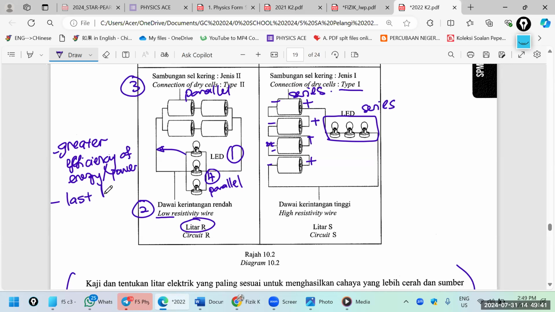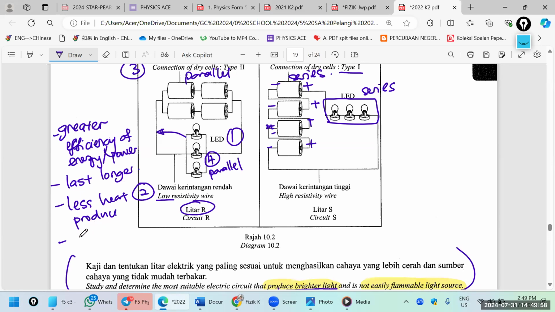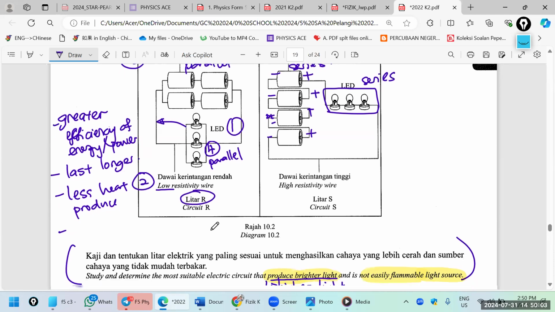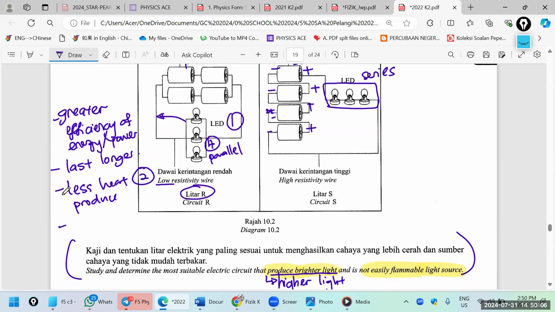But write as minor reason. I believe all of you can write more than one reason. Less heat produced can. Cannot write brighter because they mentioned already, but you can say greater intensity of light.